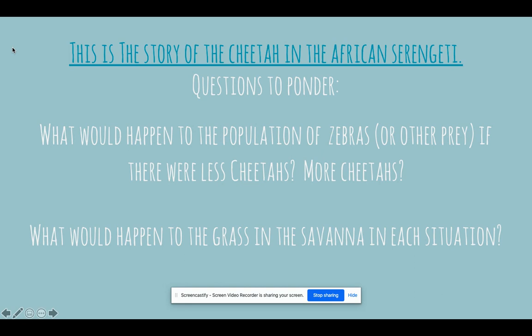Well, if cheetahs are eating zebras and there's going to be less cheetahs, there's probably going to be more zebras because they're not being eaten. So the zebra population might increase, but the cheetah population obviously decreased. So it shows that one animal has such an effect on the rest of that ecosystem.